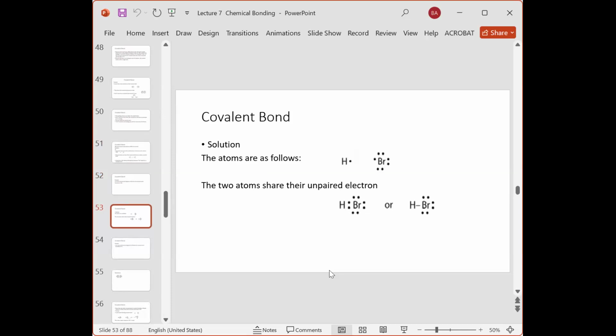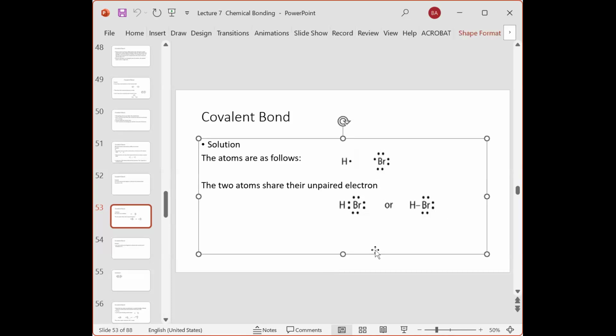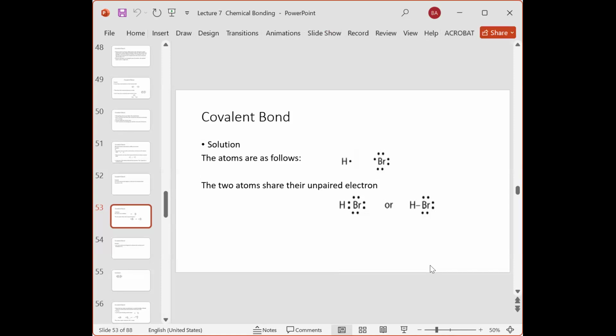Bromine wants to achieve the octet, so it needs 1 more, and hydrogen also wants to have 2 electrons on its atomic shell. So how do we do it? The bromine comes, hydrogen comes, they bond together. Then the last half pair of the bromine bonds with the 1 of the lone pair here, and you get hydrogen with 2 electrons and bromine with 8 electrons. Is there any question? All right, let's keep on going.